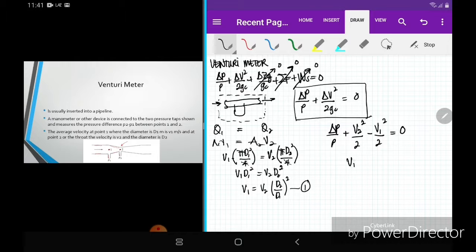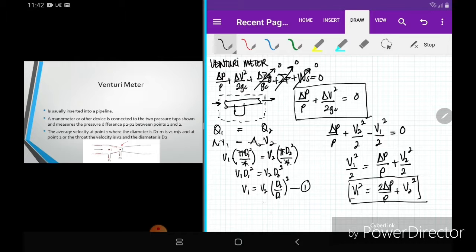We have v sub 1 squared over 2 is equivalent to delta P over density plus v sub 2 squared over 2. Then, you multiply 2 sa lahat, no? Then, you're gonna have v sub 1 squared is equivalent to 2 delta P over density plus v sub 2 quantity squared. So, para pwede nating equate ito with the other one, i-square natin both side.